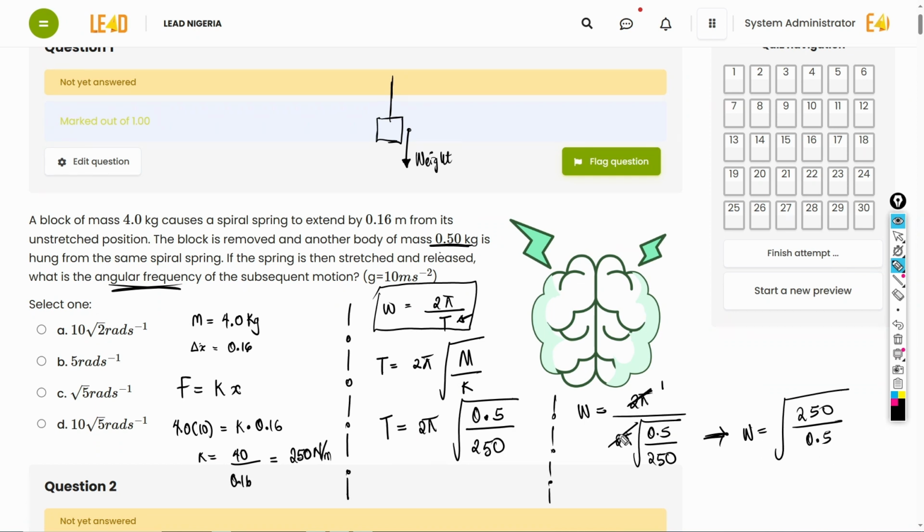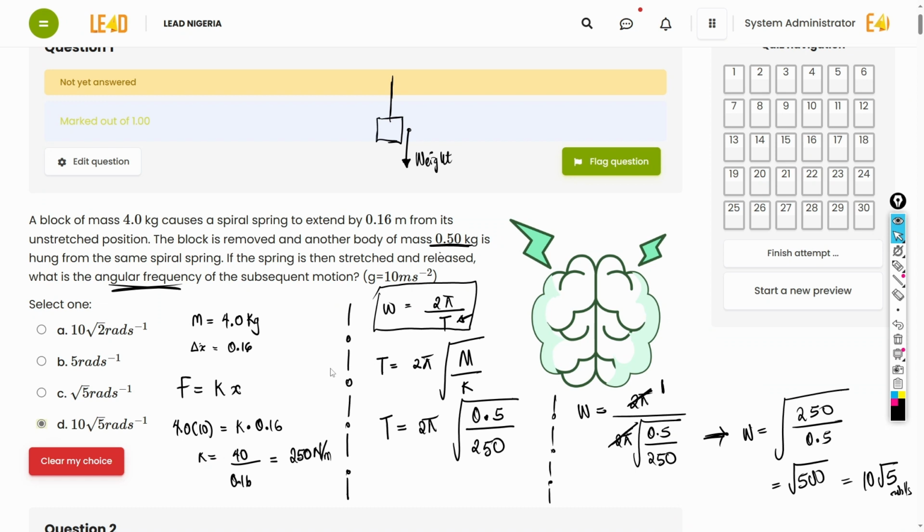Because the 2 pi is cancelled out, we just have 1 over all of that. Dividing, we have root 500, of which 100 is a factor, so we can rewrite that as 10 root 5. So 10 root 5 rads per second. The option is option D.